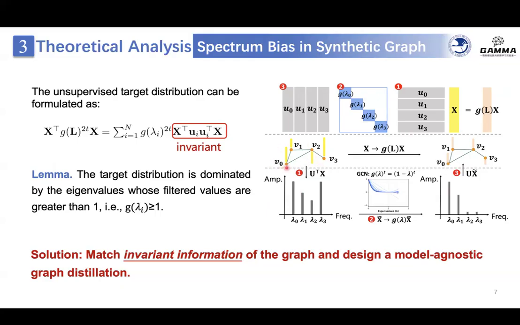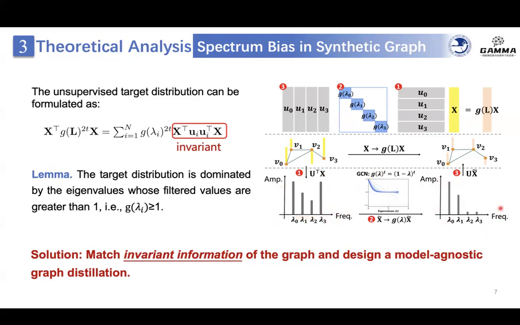Specifically, the first step is to transform the graph signal from the spatial domain to the spectral domain, and we can get the magnitude at different frequencies. And then the G lambda acts as a filter to modulate the magnitudes.